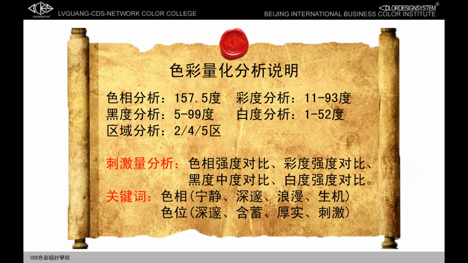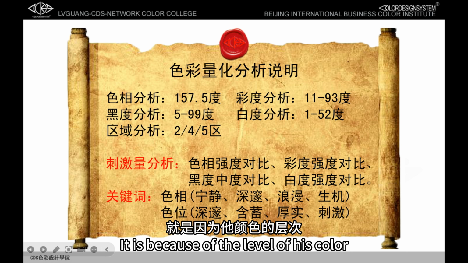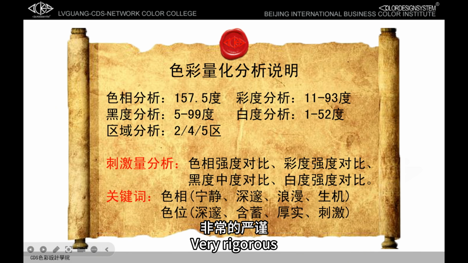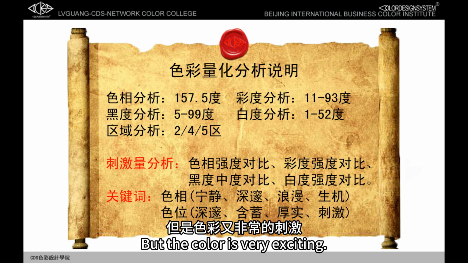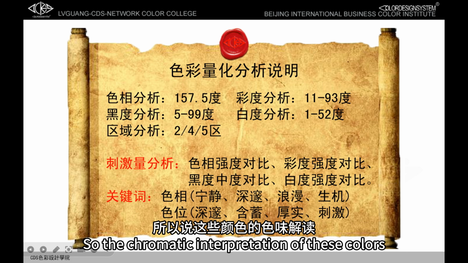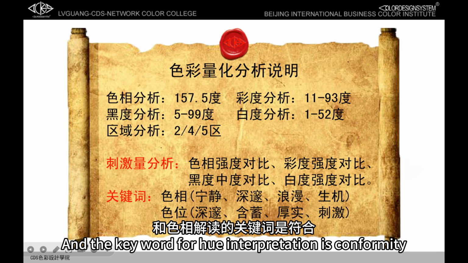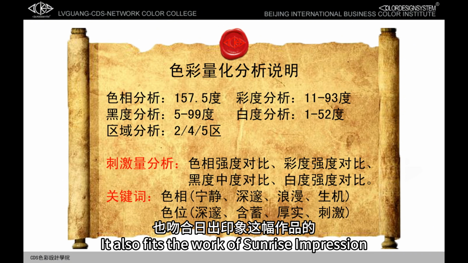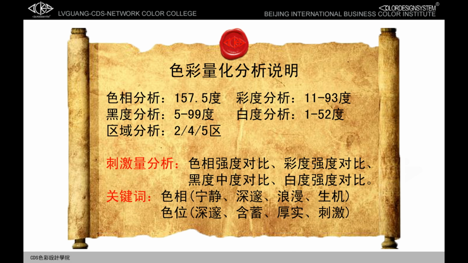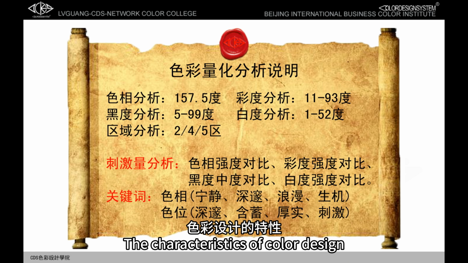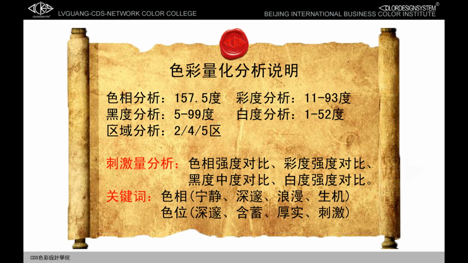But thick, it is because of the level of his color, very rigorous, very tight, but the color is very exciting. So the chromatic interpretation of these colors, and the key word for hue interpretation is conformity. It also fits the work of sunrise impression. The characteristics of color design.